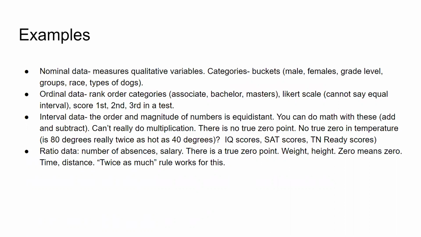Multiplication does work here. We can say someone made twice as much as someone else. So what I'd like you to know also is that interval data and ratio data together are called continuous data. The numbers go up and the numbers go down, and there are intervals between the data.